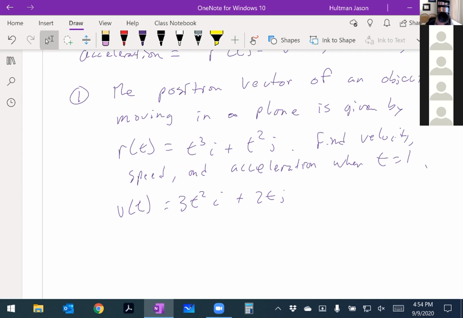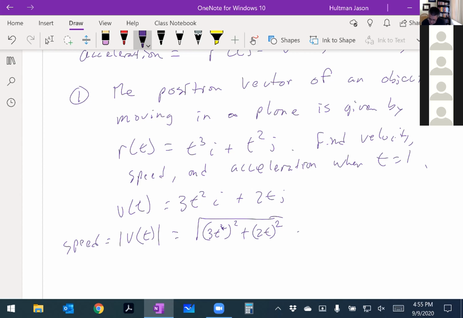The speed is the magnitude of the velocity, which is going to equal the square root of (3t squared) squared plus (2t) squared, which is going to equal the square root of 9t to the fourth plus 4t squared. So that's the speed.